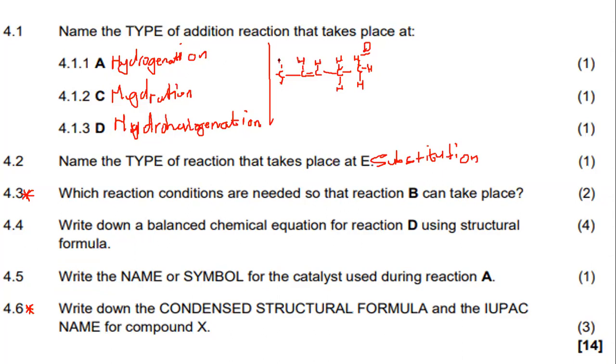So there I'm just rewriting it. And they told us it forms 2-bromopentane. And we've already drawn that. Pent means 5. Then I have a bromine on carbon 2. That's if you number from left to right.